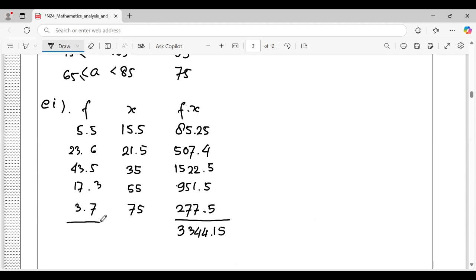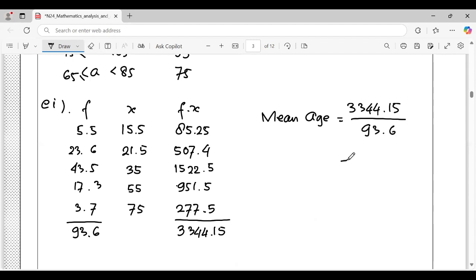And the total frequency is 93.6. So the mean age equals 3,344.15 over 93.6, which equals 35.73.